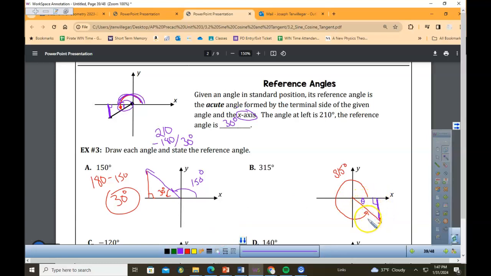That'd be my reference angle. Now what's a whole circle? Well, it's 360. So if I do 360 minus 315, I get what? 45. So this angle right here is actually 45 degrees.